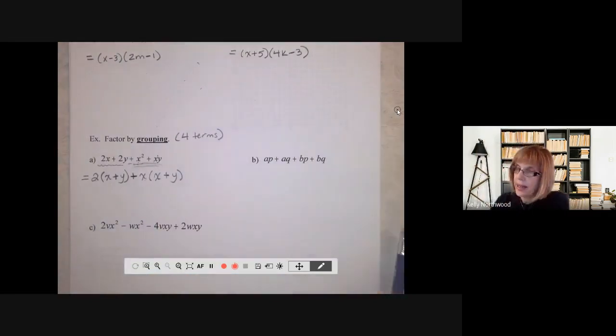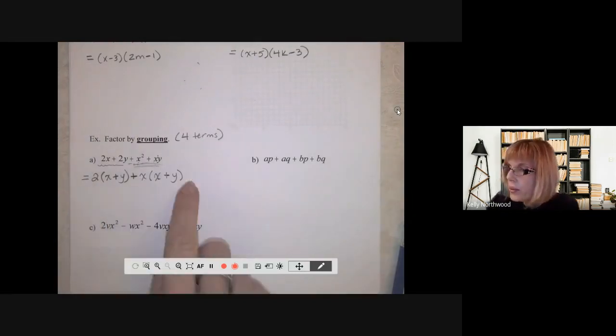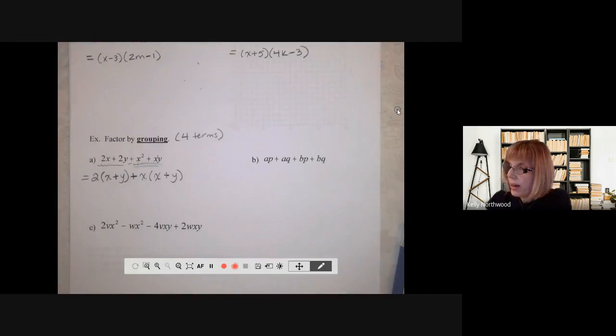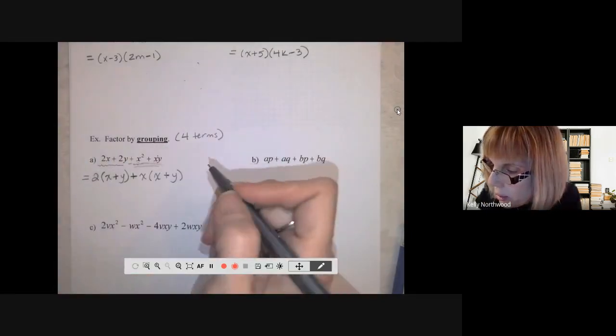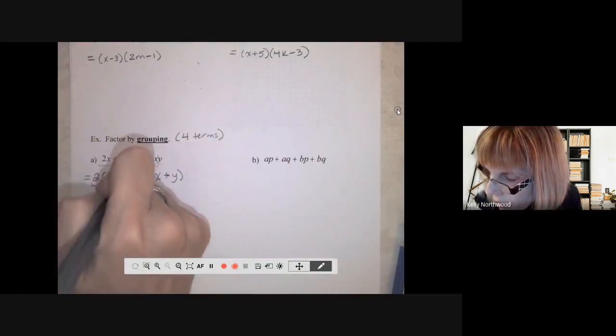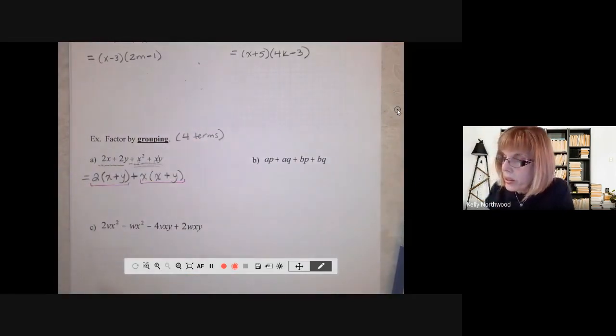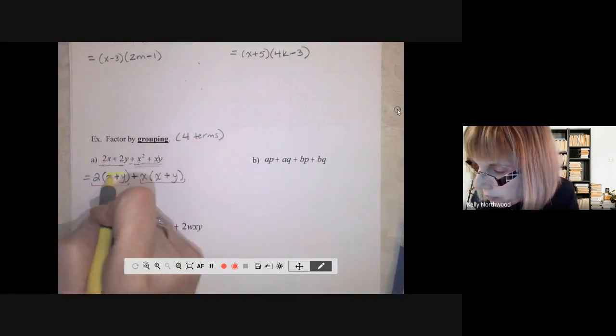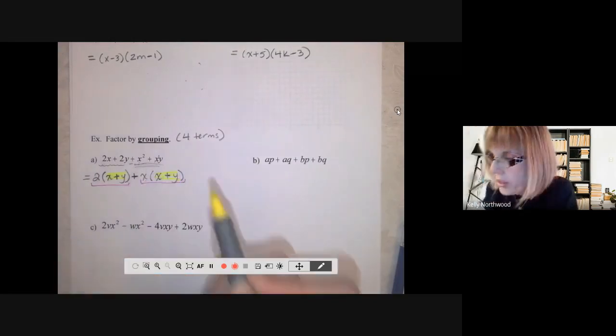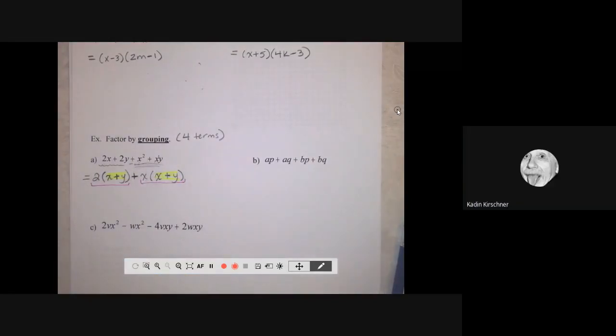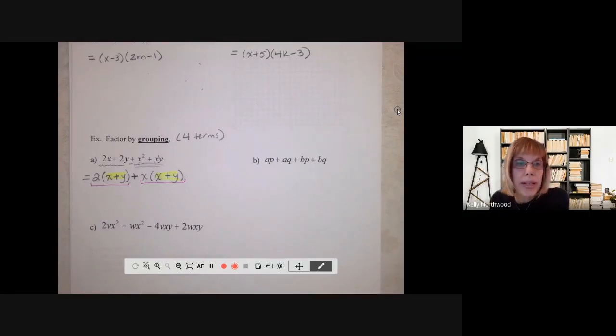So that's the first step in factoring by grouping. If you do the first step right, what happens is it turns into a binomial common factor question. So these binomials should match if you did your first step right. Will they always match, like 100% of the time? Yeah, if you do it right, they're going to match.